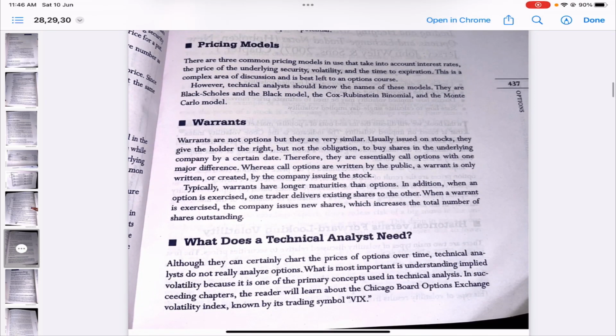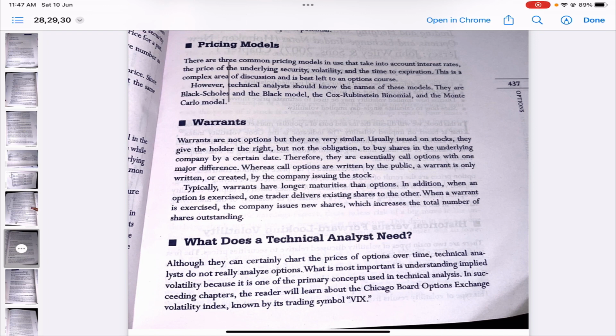So what are pricing models? There are three common pricing models that take into account interest rate, price of the underlying security, volatility, and time of expiration. So these are the things which are being used in order to decide a price for a contract or a strike price. Okay, it is very complex, but you just need to know that these are basically how they are used.